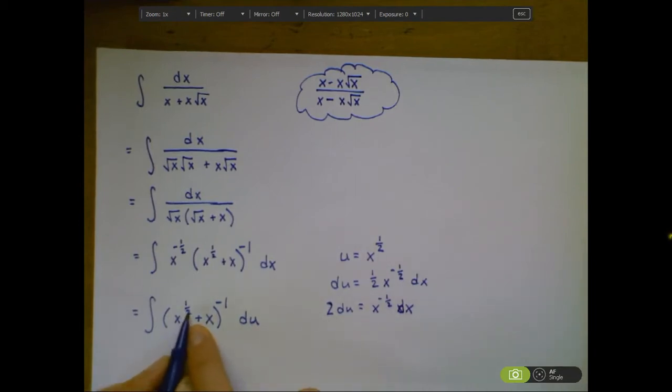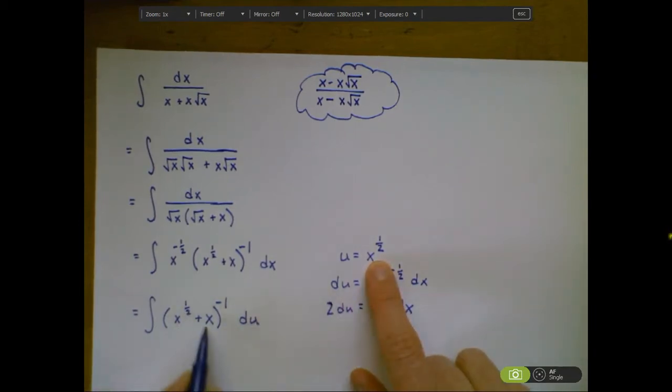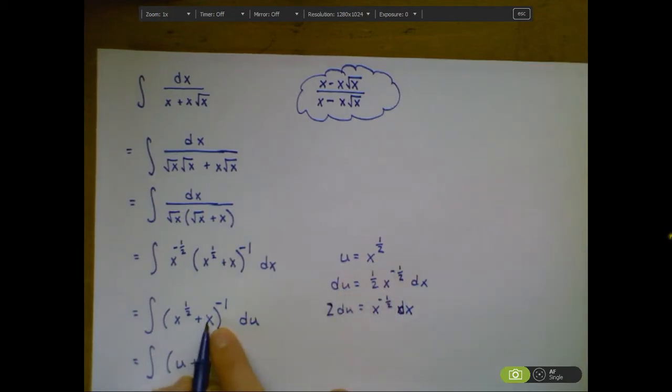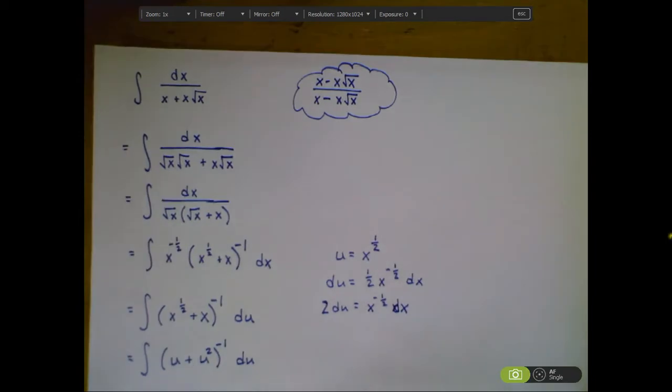This x to the 1/2 is u, but I'd still have this x here. How do I account for my x? I'll do that scratch work over here to the side. x is actually just equal to x to the 1/2 squared.